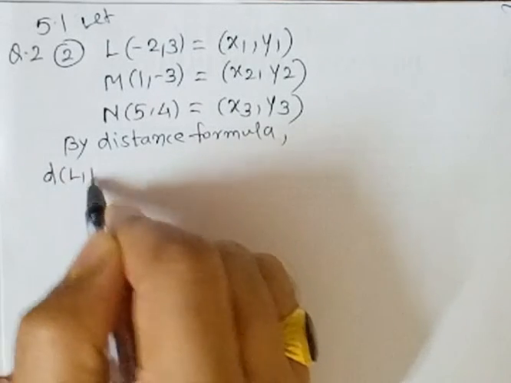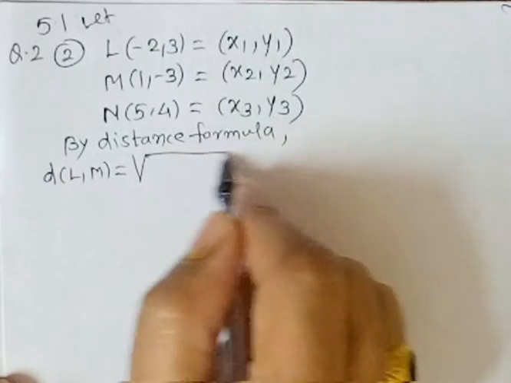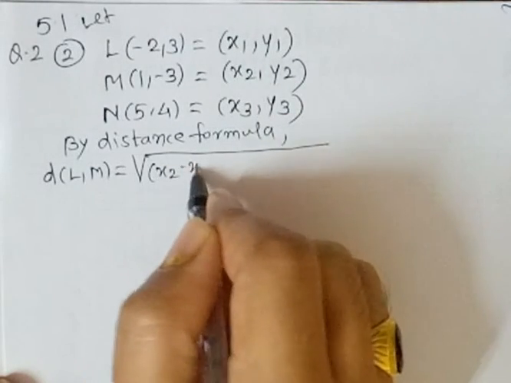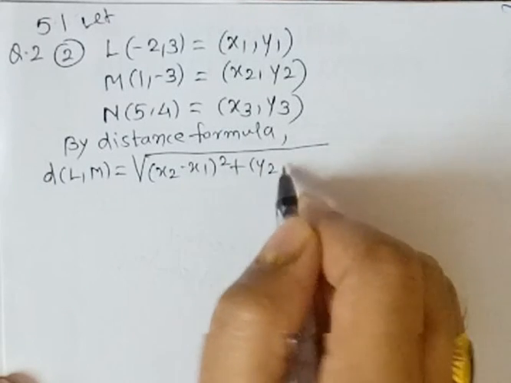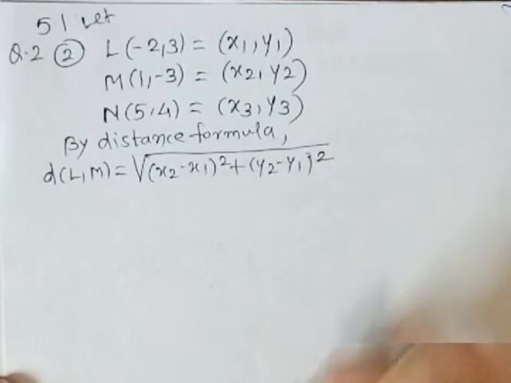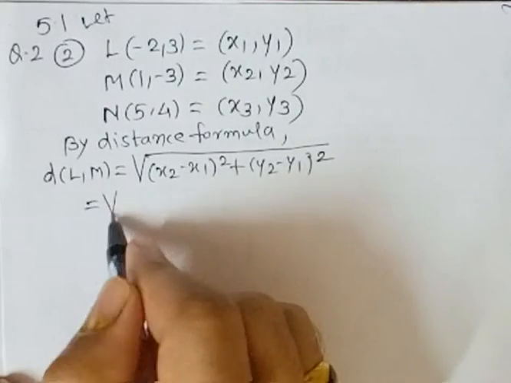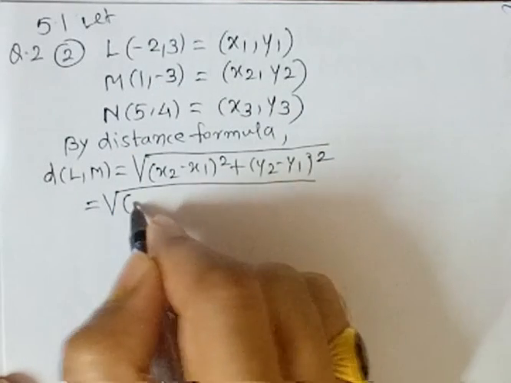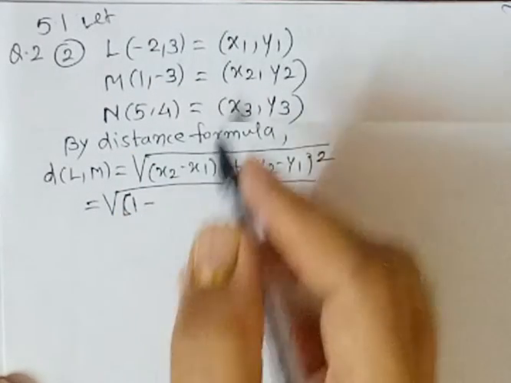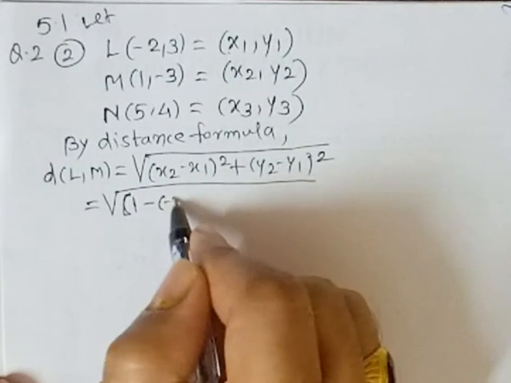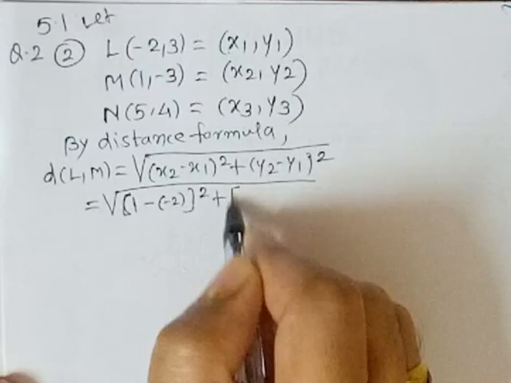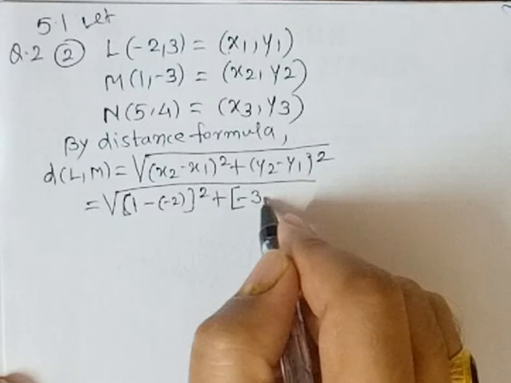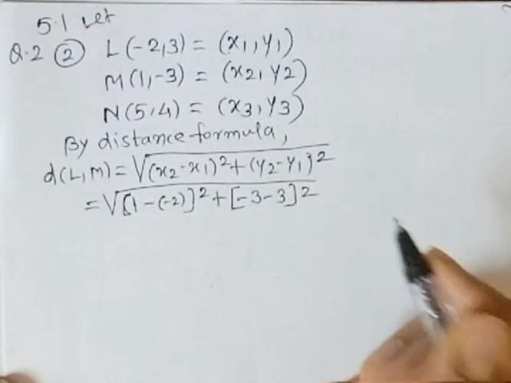I write here distance LM is equal to under root, what is the formula? (x2 − x1)² + (y2 − y1)². This is equal to under root. Now x2 is how much? 1 minus x1 is −2, squared, plus y2 is −3, y1 is 3, squared.